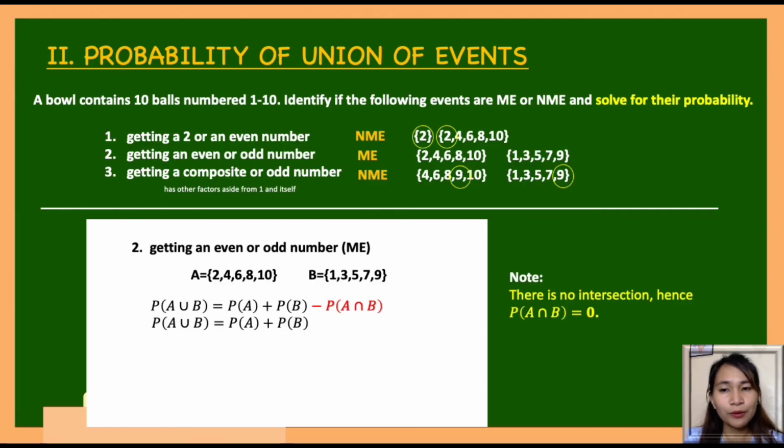For the even numbers, you have 5 elements over 10, and for B, also 5 over 10. We add them, so you get 10 over 10, or 1, or 100%. That means getting an even or odd number is a sure event. 100% it will happen.